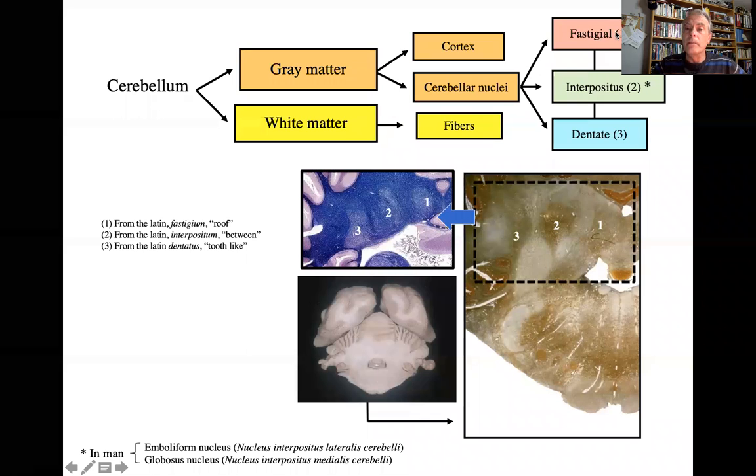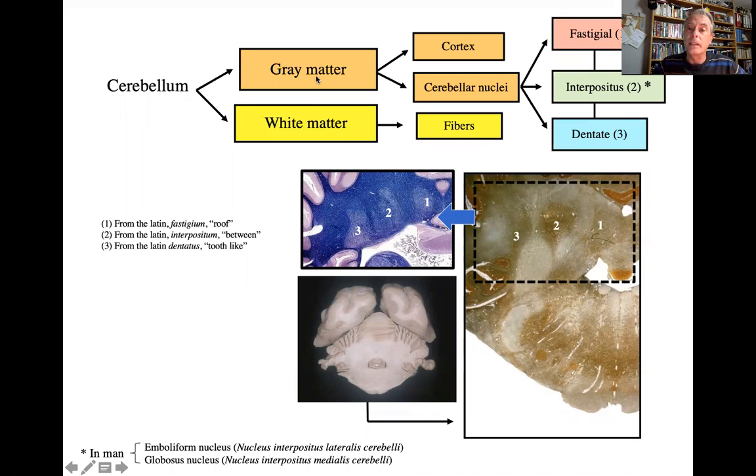So the cerebellum is made of gray matter and white matter. The gray matter forms the cortex and cerebellar nuclei, and the white matter forms fibers. So the cerebellar nuclei are three on each side: fastigial, interpositus, and dentate. Here you have them. The fastigial nucleus is the most medial and with a high position.